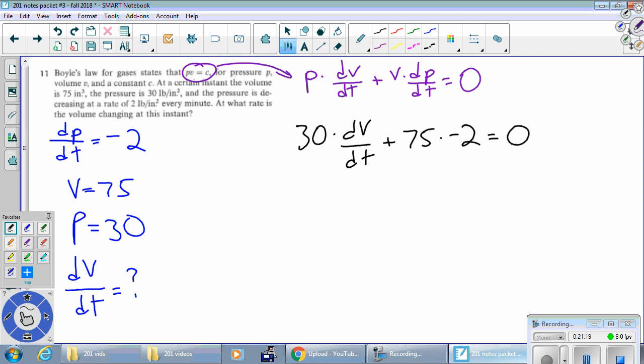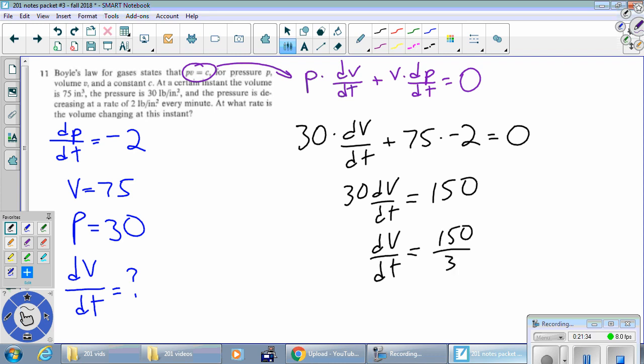Again, that negative really important. 30 dV/dt, move the 150 over to the other side, and then divide both sides by 30. dV/dt is 150 over 30, or just 5. So the volume is changing by 5 cubic somethings. What is it? 5 cubic inches, I guess, each minute. Cubic inches per minute.